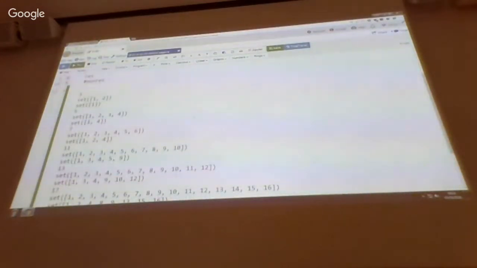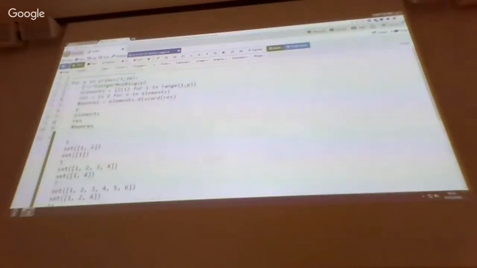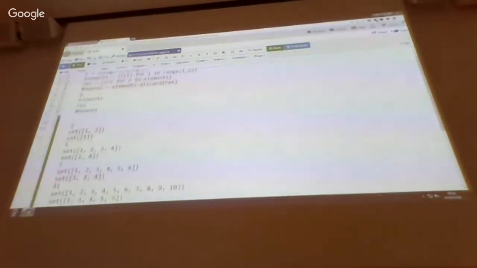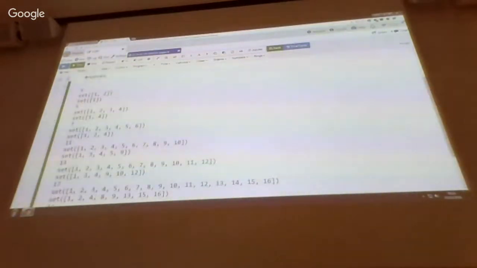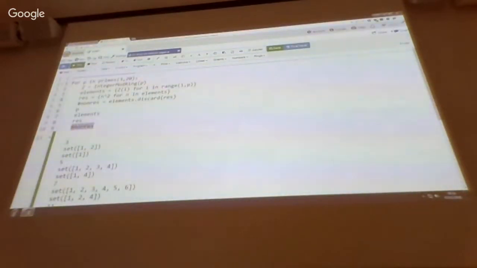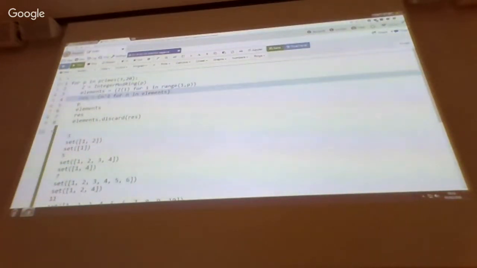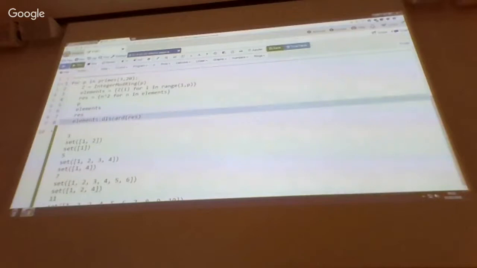Okay, let's look at it this way. The discard command just gets rid of the res elements from elements. It doesn't give it back to the variable non-res. So if I just take this, sorry about this, and then do elements again.